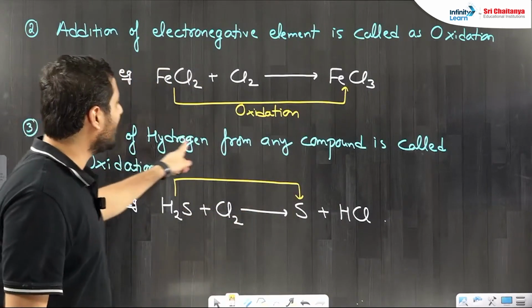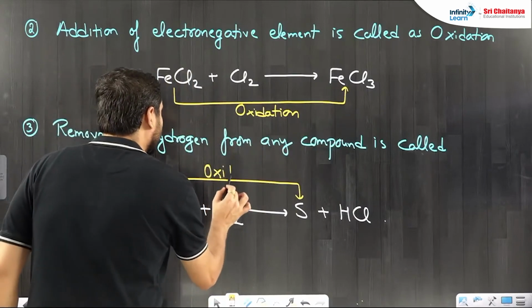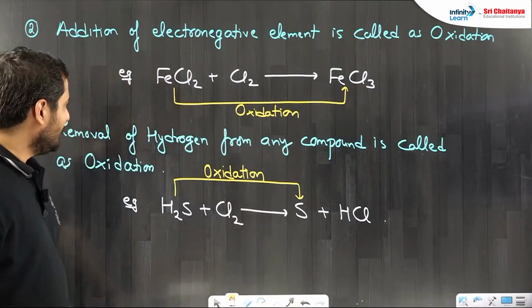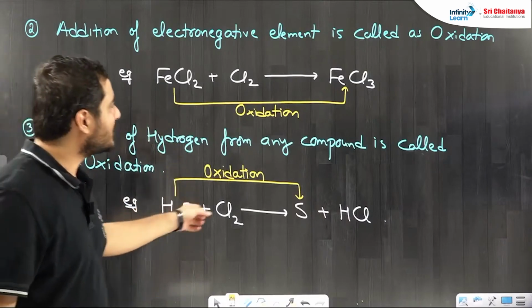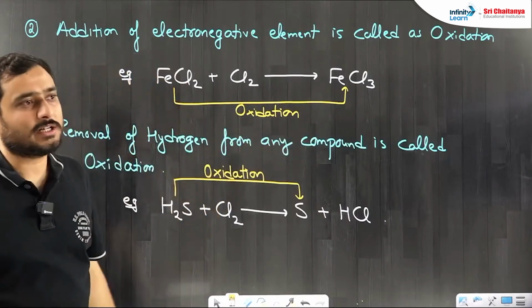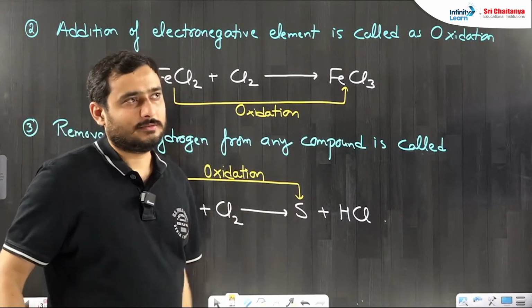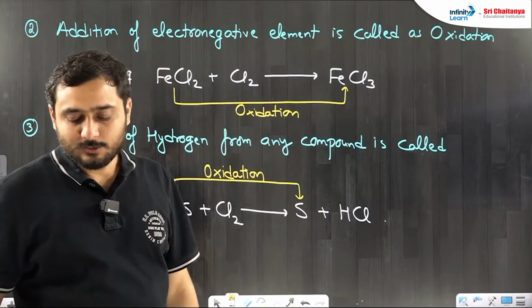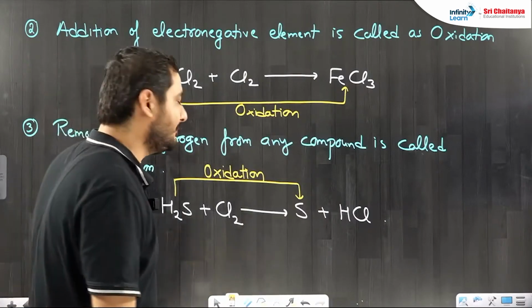So this is removal of hydrogen from a compound, and this process is also termed oxidation. Is it clear? Any doubt in this? Remember, removal of hydrogen will be from a compound, not from an element.